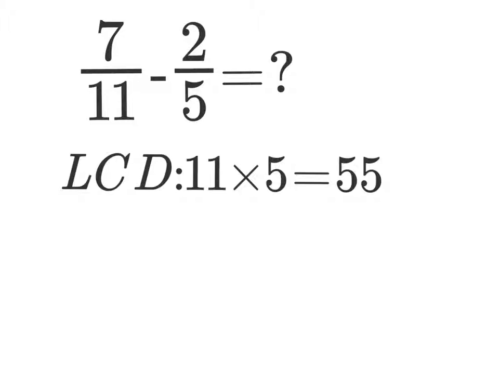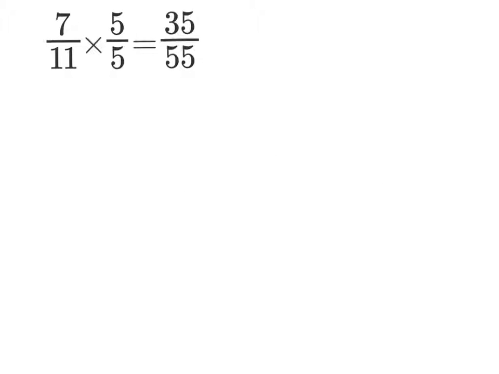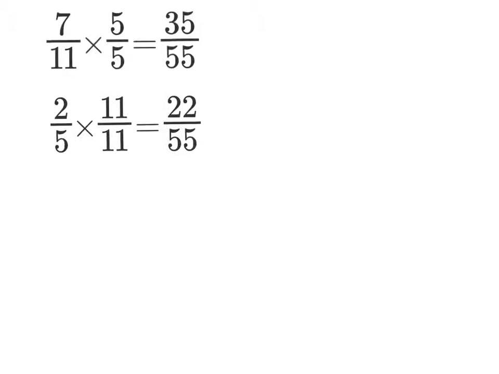So as was the case with the previous problem, we're going to take 7 over 11 and turn it into a number over 55 and do the same thing with 2 over 5. So here we can see 7 over 11 times 5 over 5 will give us the fraction 35 over 55. And 2 over 5 times 11 over 11 will give us 22 over 55.